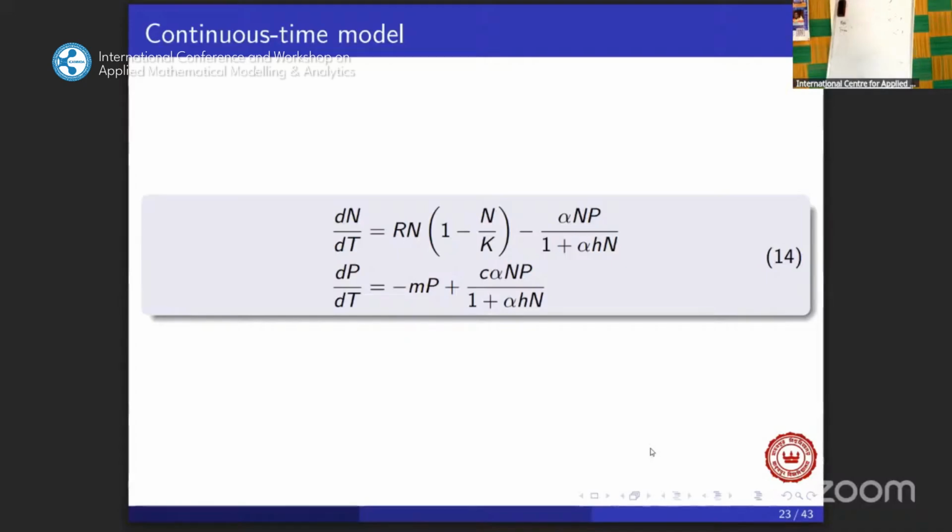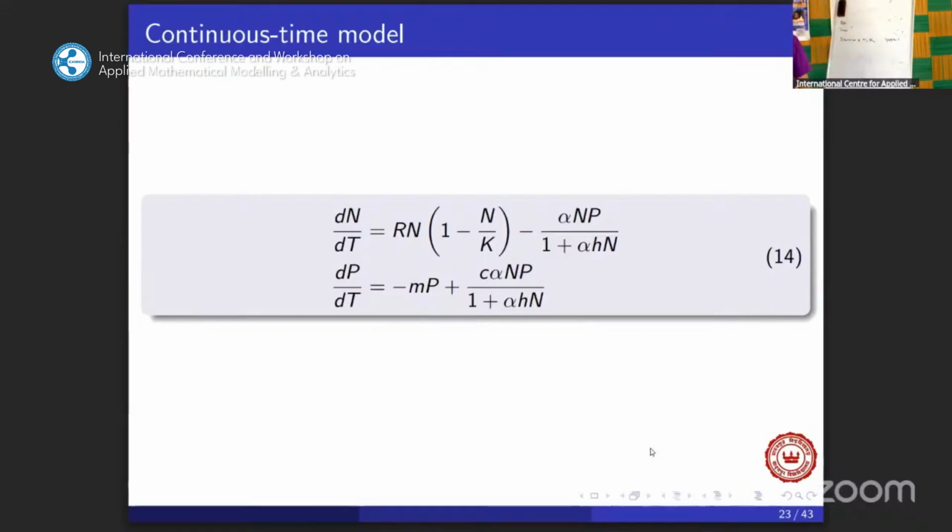So from here we try to find the dimension of these parameters. See, the dimension of N is population. See, N is divided by K. When division occurs, the dimension is the same. That means the dimension of K is also population.